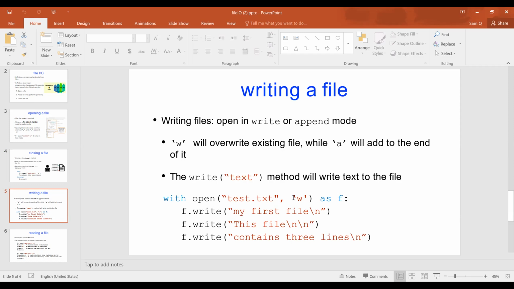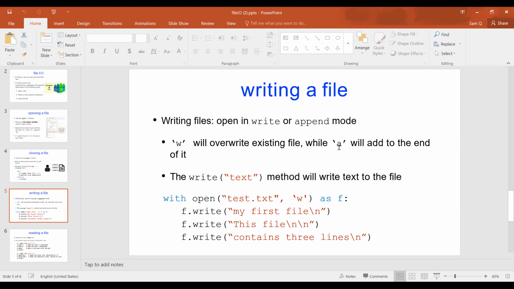And I have also mentioned there are a couple of file modes. You have W, you have R, you have A. Just to refresh your memory, W means you open the file for writing, but you will overwrite whatever is inside your file. When you use A, you still open the file in write mode, but whatever you write will be appended to the end.